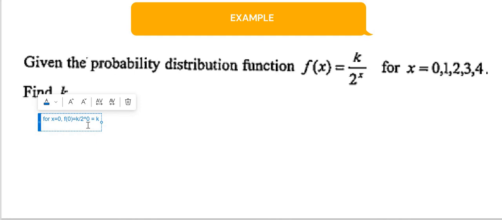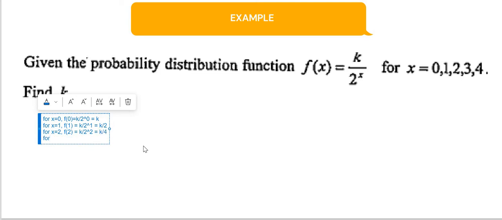Now we go to the second one, which is for x equal to 1. You do the same thing, but now the value will be 1 for x. So k over 2 power of 1, and the answer you should get here is k over 2. Then x equal to 2, f(2), k over 2 power of 2, which is k over 4.